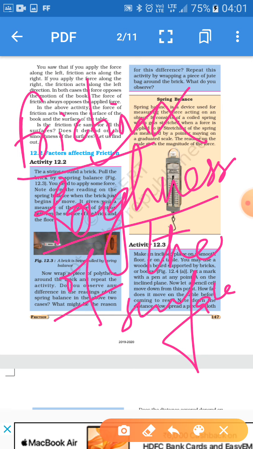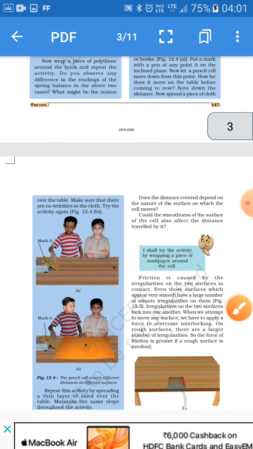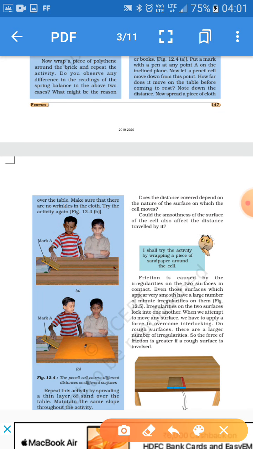So here you can see another example where these two boys have used an inclined plane, marked a point here, and used this pencil cell and tried to roll it down on the smooth table. You can see the position of this cell, it has gone far off because the surface of the table was comparatively smooth.